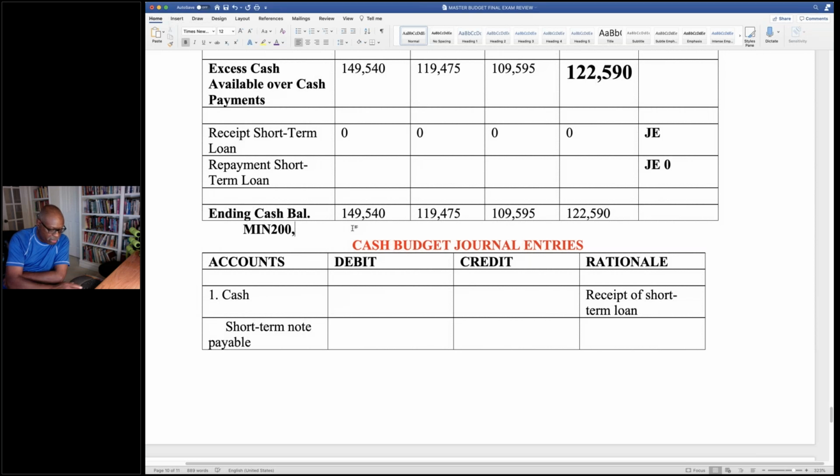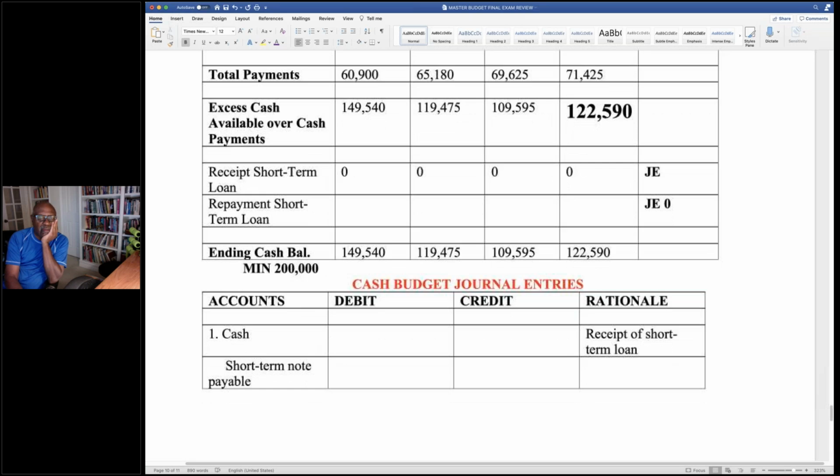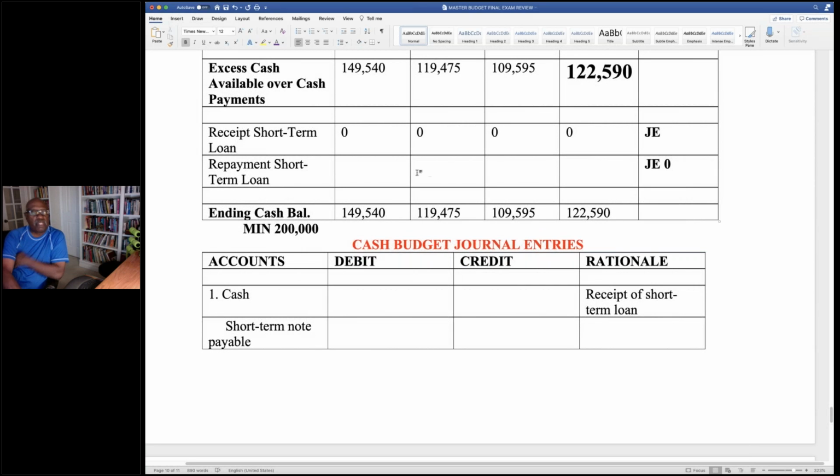Will that change everything? Or we just change this and we're just saying the minimum cash has to be 200,000.